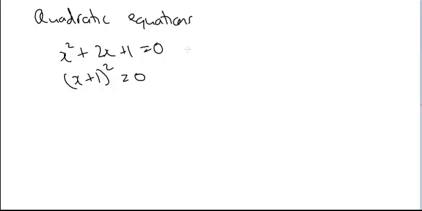The generic way to solve these is by using the formula. So we have ax squared plus bx plus c is equal to 0. Your general quadratic equation, where a, b and c can be any number.